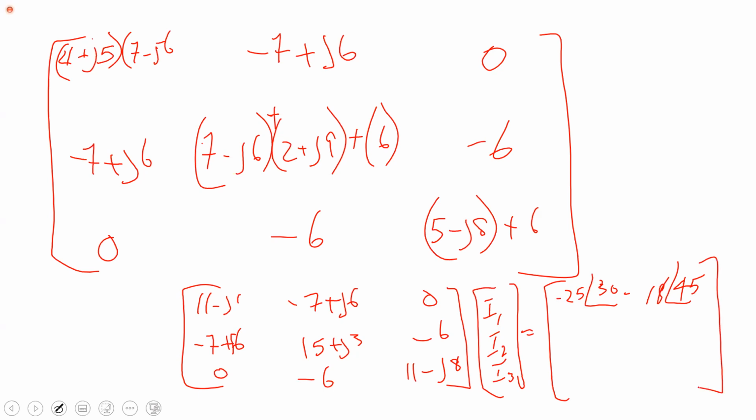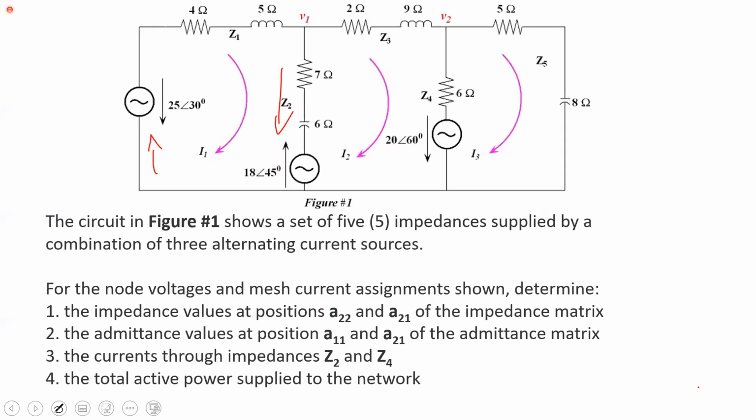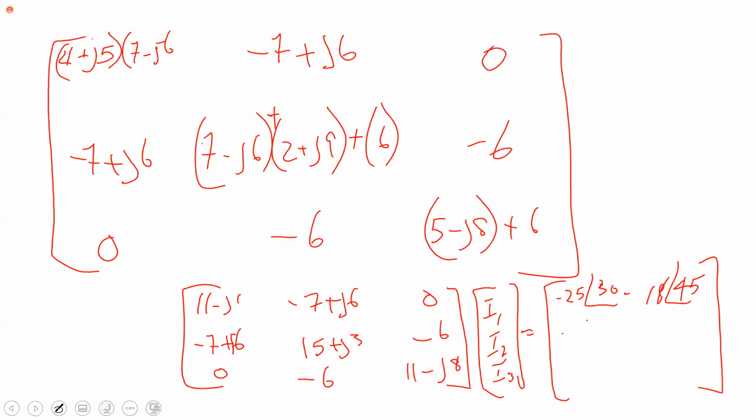And here for mesh 2, we'd have 20, we're going into the negative, and plus 18. So that's 20 at 60 plus 18 at 45.